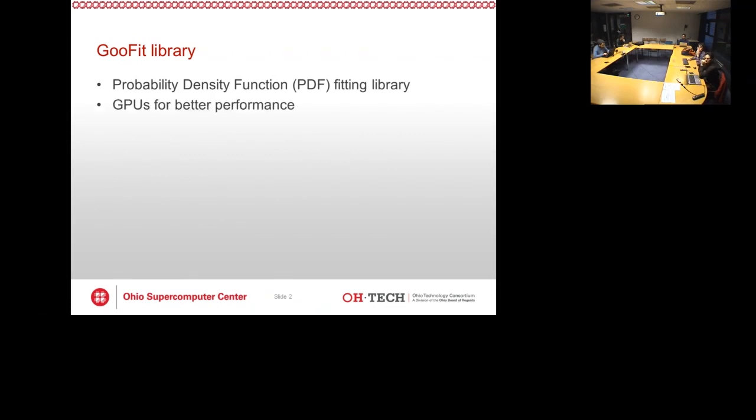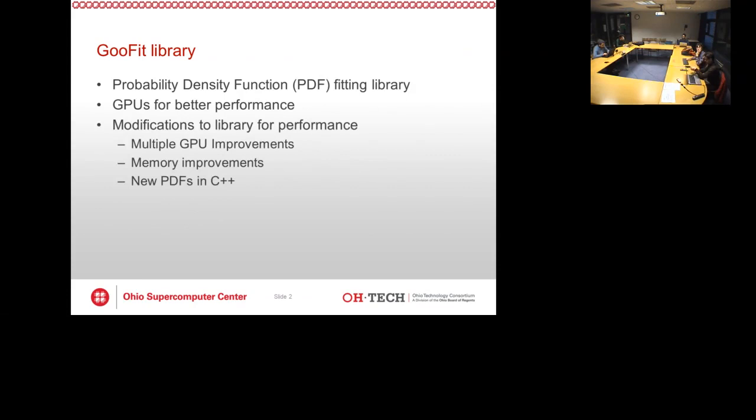The main interest is using GPUs for performance. Today I'm going to talk about some of the modifications that I've made that involve adding multiple GPUs, memory improvements, and then the new indexing layout and how to write new PDFs using C++.